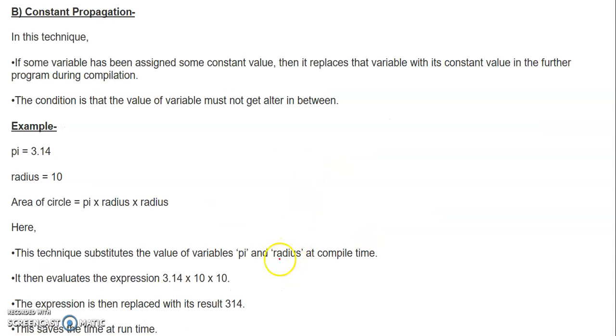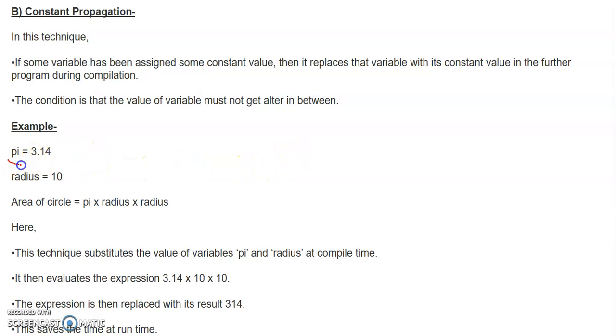Constant propagation. In this technique, if some variable has been assigned a constant value, then it replaces the variable with its constant value in the further program during compilation. The condition is that the value of the variable must not get altered in between. So if the value of the constant doesn't change during the course of execution, its value will be replaced.